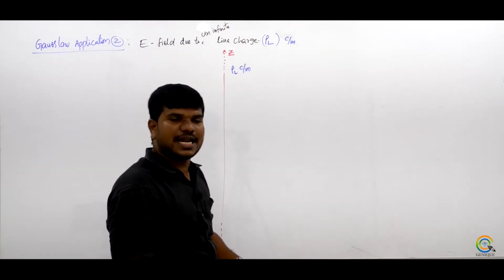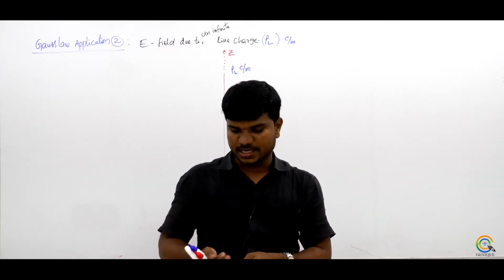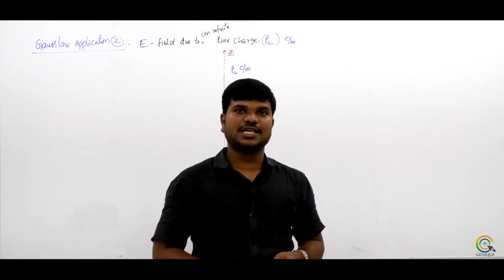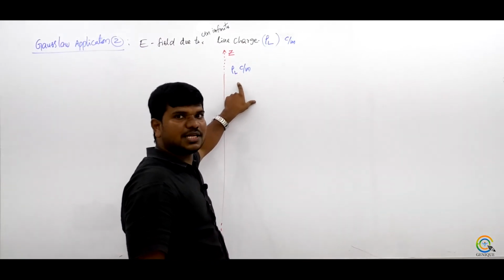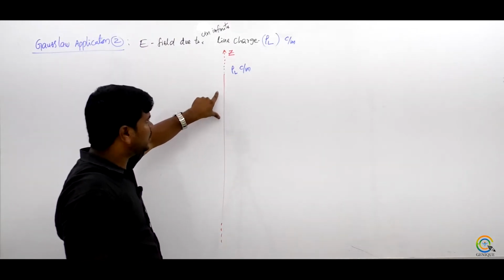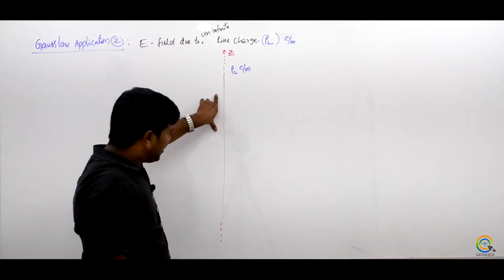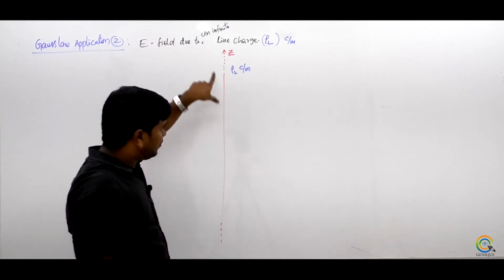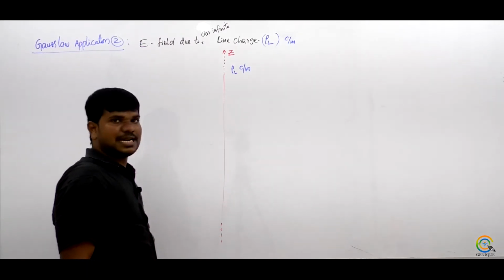I have chosen the z-axis because it is easy for me to apply cylindrical coordinates. So due to this line charge I have to find the electric field intensity, and that's why I placed it on the reference line, the z-axis.